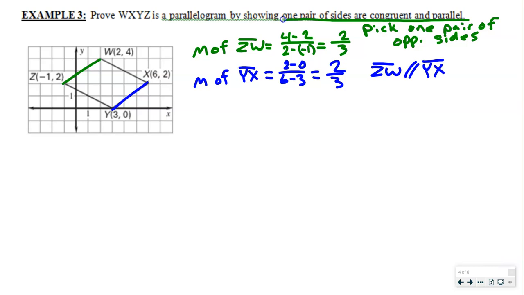Now I need to show that they're also congruent. So I'll need to use the distance formula to show that they're congruent. So ZW, distance formula with that, is my x's and my y's.